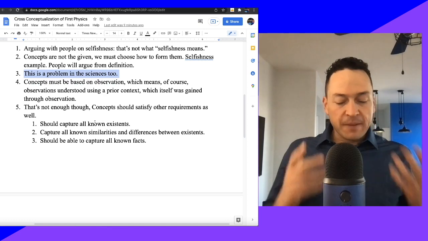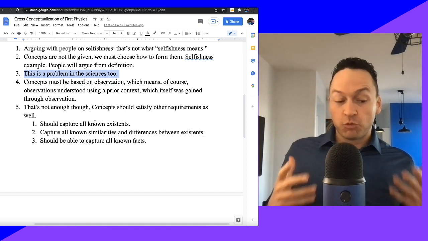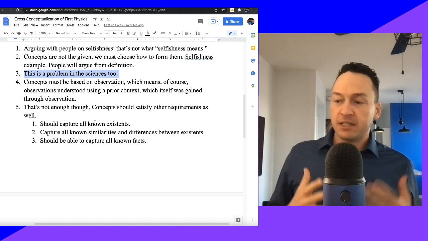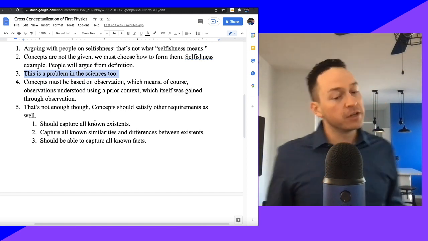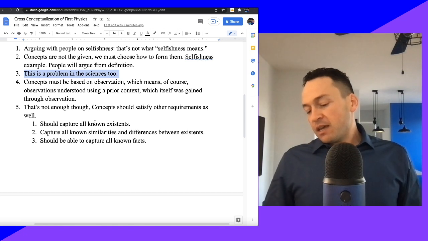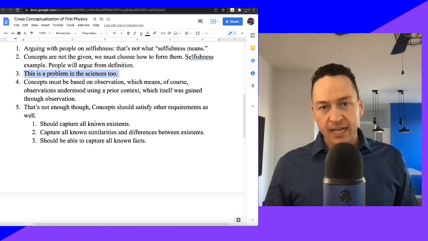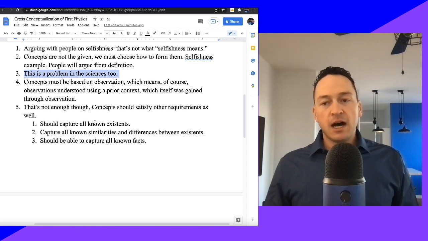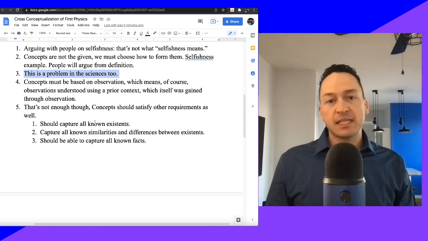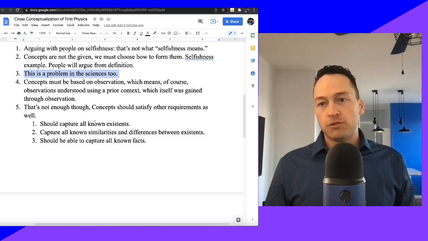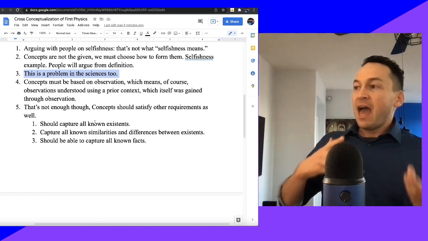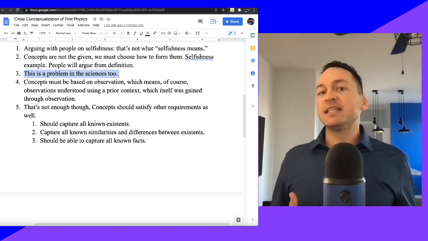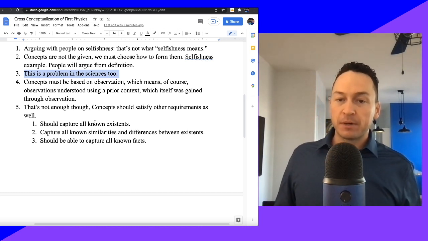So something in science that is really taken for granted is concepts. Especially in physics, and since I'm a physicist, I've actually noticed this. Physicists tend to take concepts for granted, just like the objectivist physicist in my story did. They reason from those concepts, and very rarely do they think about the proper way of forming a new concept or asking whether the existing concepts have been formed properly.